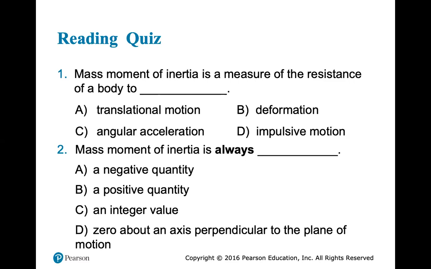Question 2: the mass moment of inertia is always negative, positive, integer, or zero about an axis perpendicular to the plane of motion. The best answer is B, it's a positive quantity.